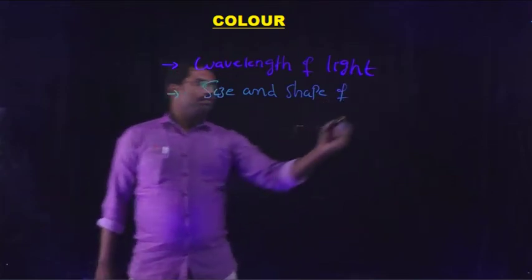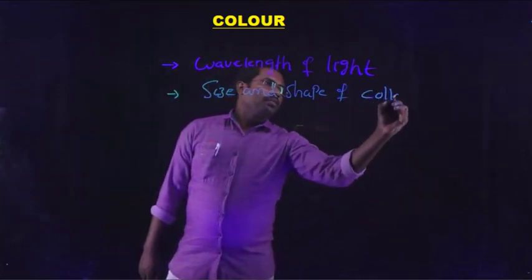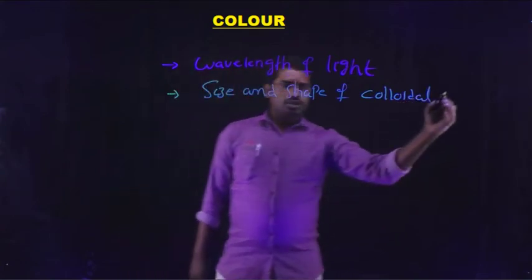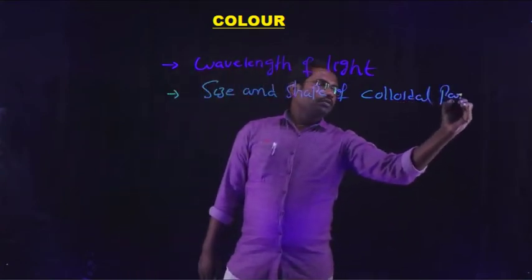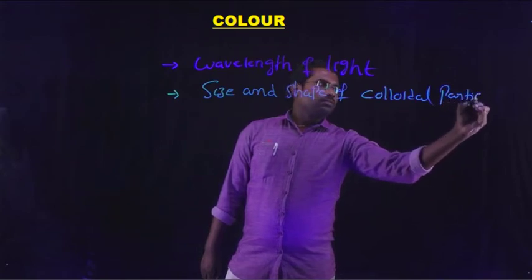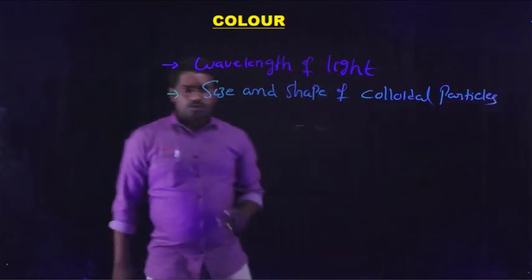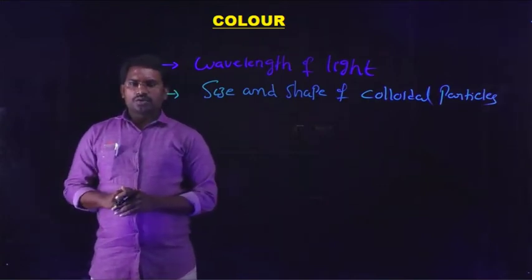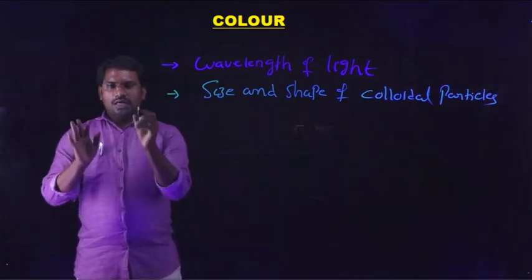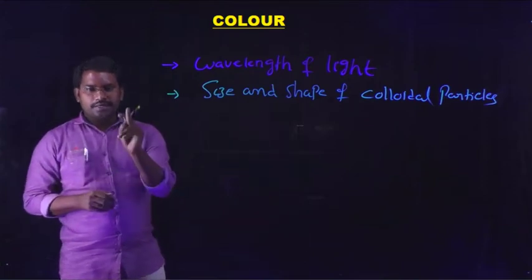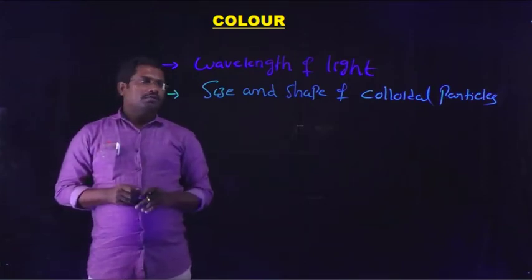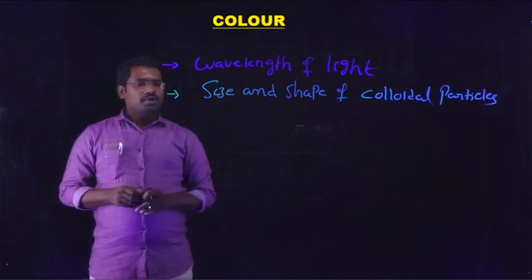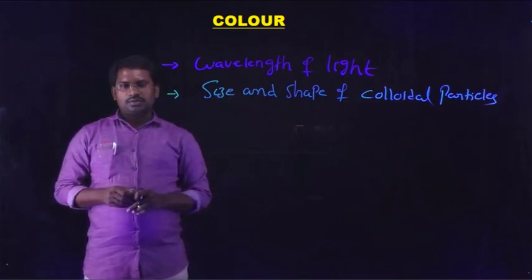So these are the two factors for why a given colloidal solution has some color. First point is the wavelength of the light and second is the size and shape of the colloidal particles.